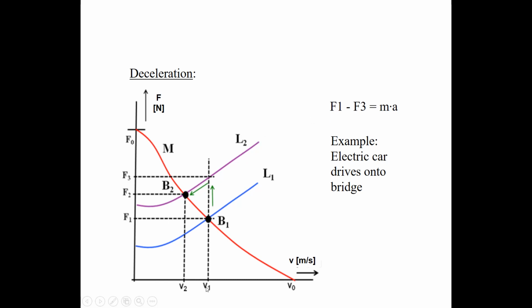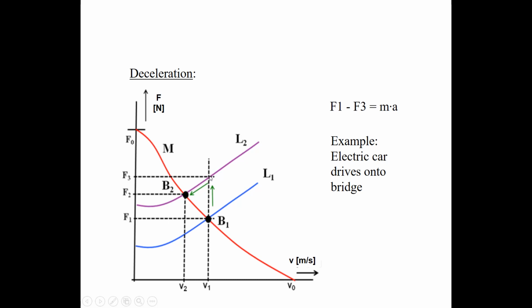So again, we were operating in this point. My load is suddenly increased, so we have the load characteristic L2, and the load force F3 is higher than the motor force F1 at that point.